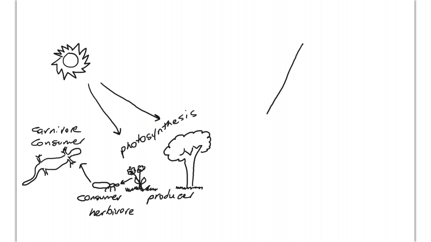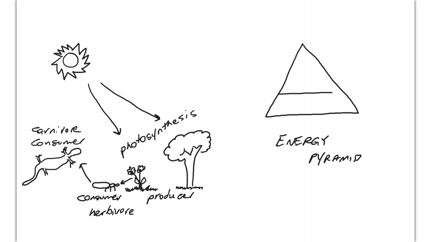And so I'm going to go ahead and draw an energy pyramid, right? Now I'll go ahead and label this. It's an energy pyramid. Yeah. I know it's really a triangle, but trust me, they call them energy pyramids. And so I've got 3 organisms that we're talking about, so I'm going to make this 3 levels. And I'm going to put my producers on bottom, my plants, my trees, my flowers, all of those things that can capture energy from the sun.